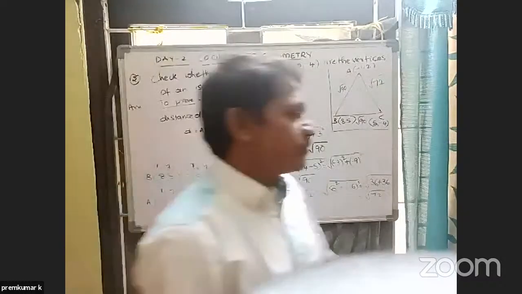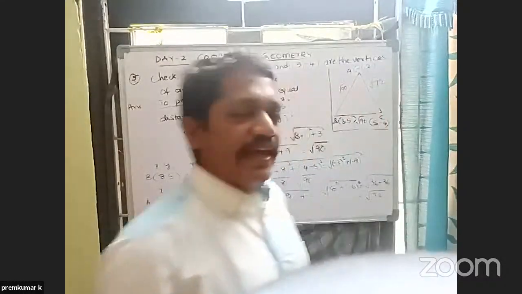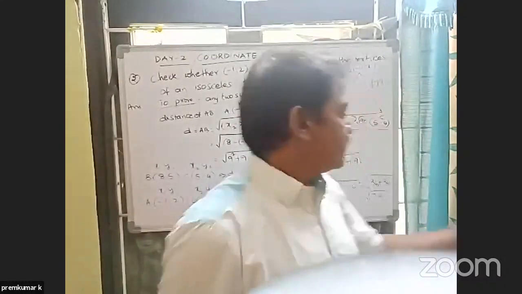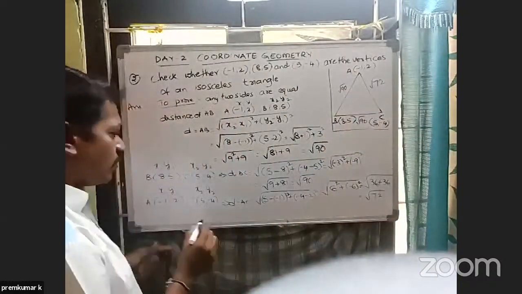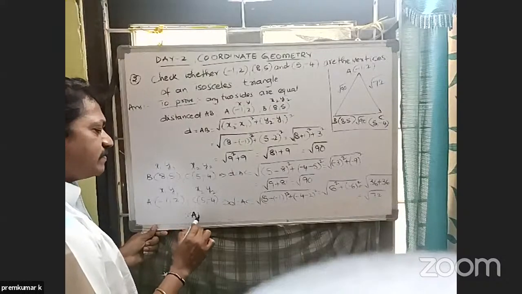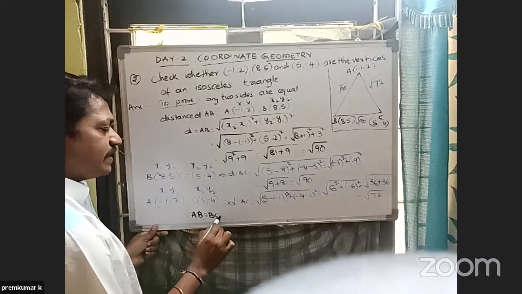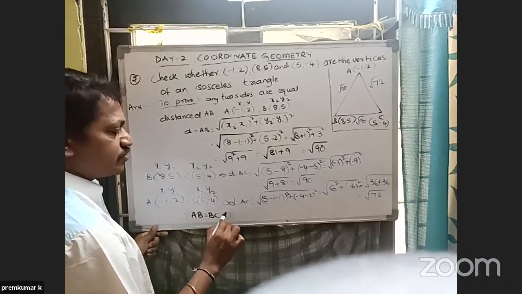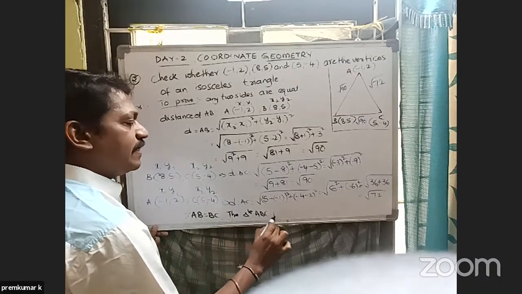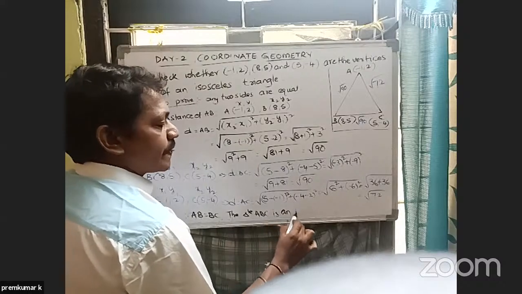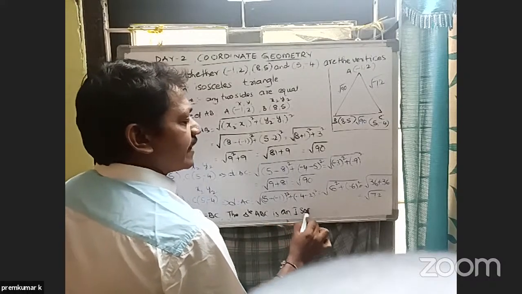By observing, you clearly see that in these three sides, two sides are equal. Therefore, AB is equal to BC. The triangle ABC is an isosceles triangle.